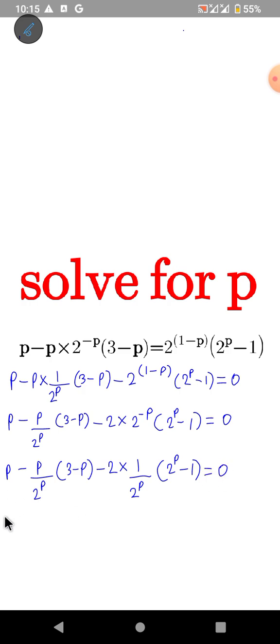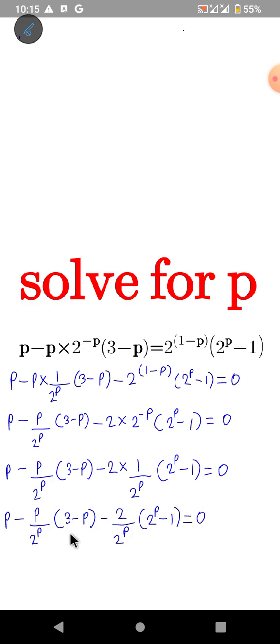Then we'll continue again. P minus P all over 2 raised to the power of P, open bracket, 3 minus P. Then now these two multiply 1 now, so we have minus 2 all over 2 raised to the power of P. Then open bracket, 2 raised to the power of P minus 1, all equal to 0.